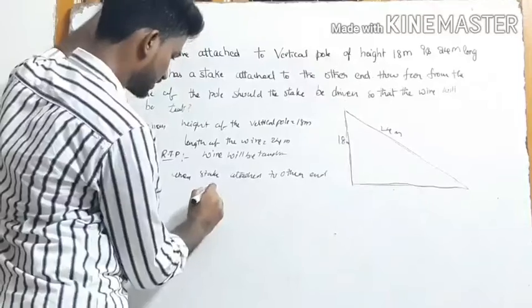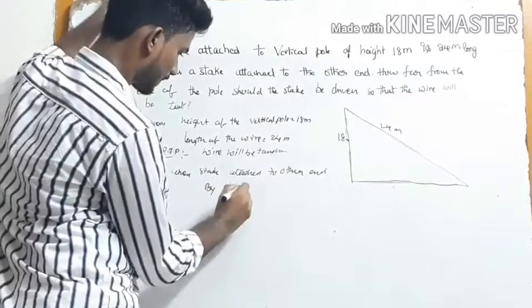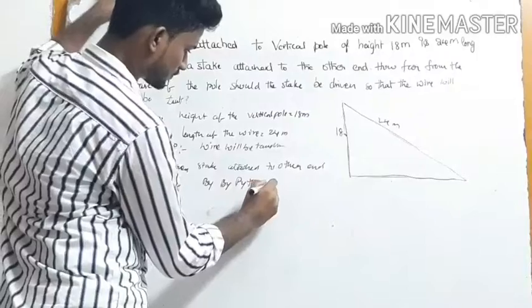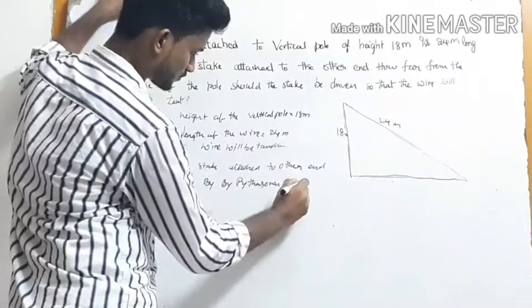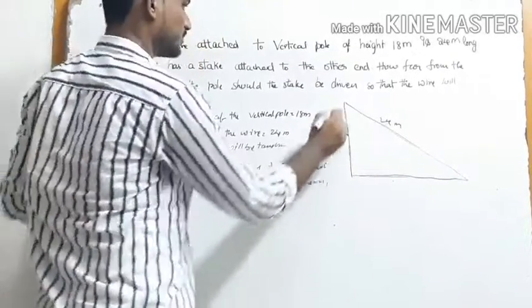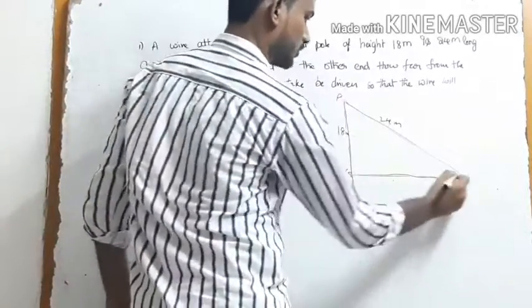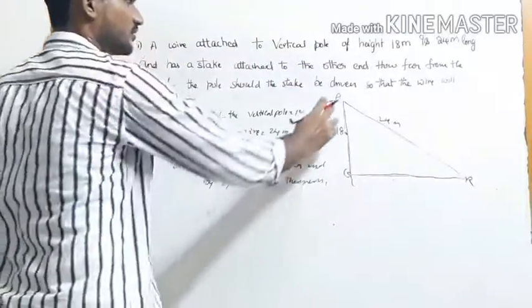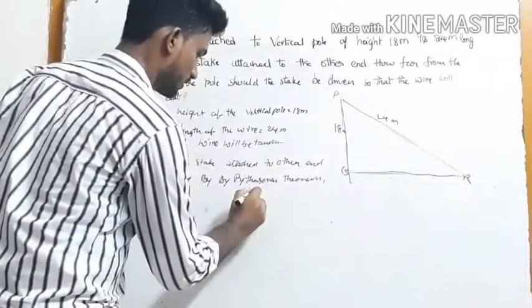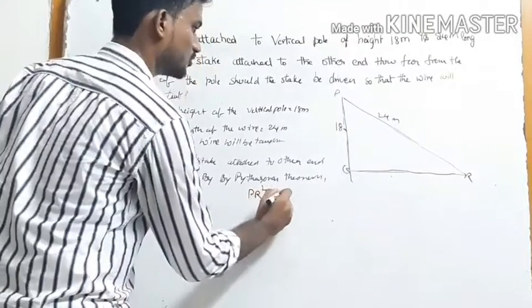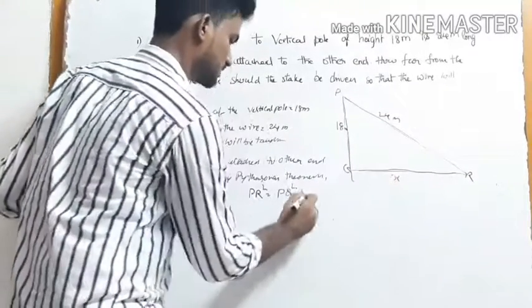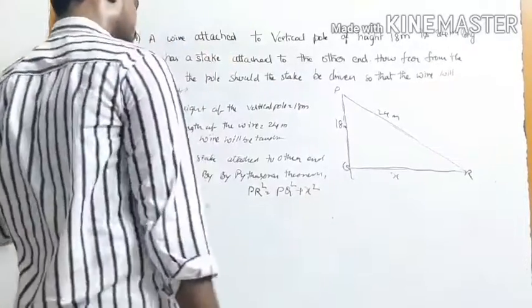Next, by Pythagoras theorem, take the triangle P, Q, R. By this theorem, PR square equals PQ square plus x square.